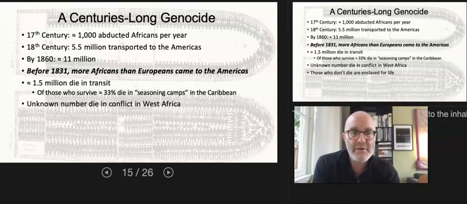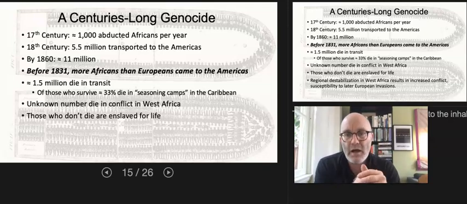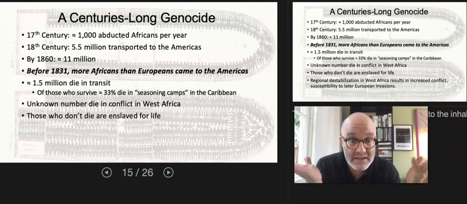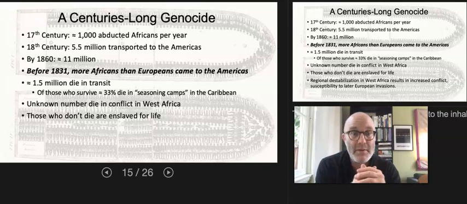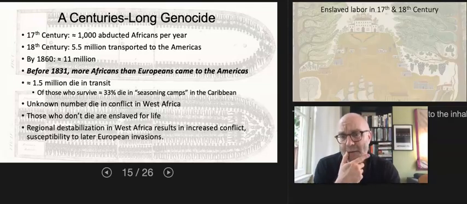Unknown number. We don't know how many people died in West Africa, right, fighting back against this slave trade. If you survive it, you're a slave for life. So that's certainly better than being dead, I imagine. But for many in the boats, it wasn't, right? Many people in boats committed suicide, things like that.